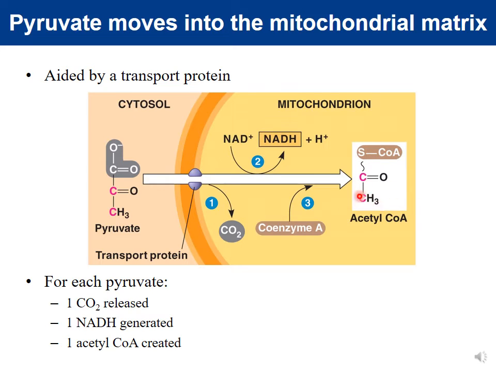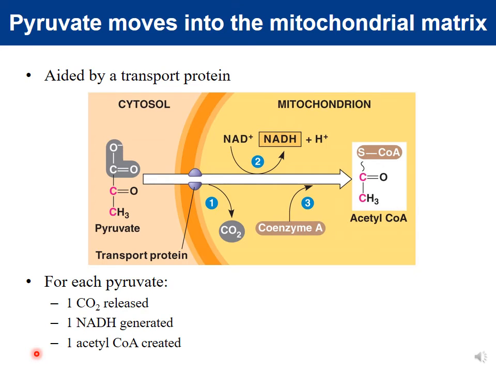And so now those products are acetyl-CoA. So we get an acetyl-CoA per pyruvate. Notice breaking bonds, we're also going to get our electron carriers. So NAD+ is going to pick up electrons and it's going to form NADH. So our products for each pyruvate, we get 1 CO2, we get 1 NADH, and we get 1 acetyl-CoA.